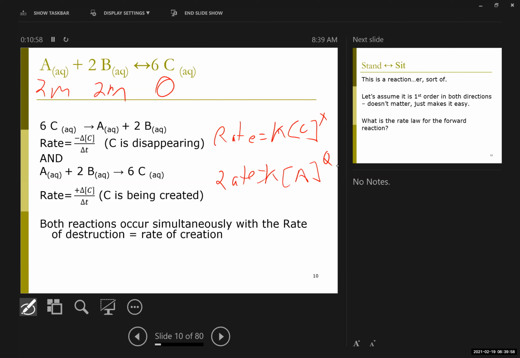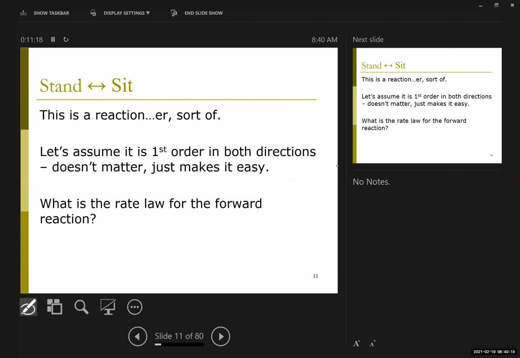That might occur when I'm mostly out of A, and so I have to mostly do the reverse reaction. Right? It might happen when I have very little product, because the reverse reaction is normally faster than the forward reaction, right?